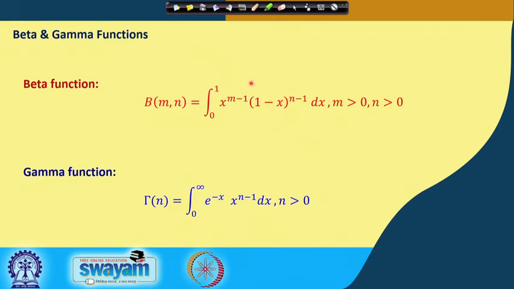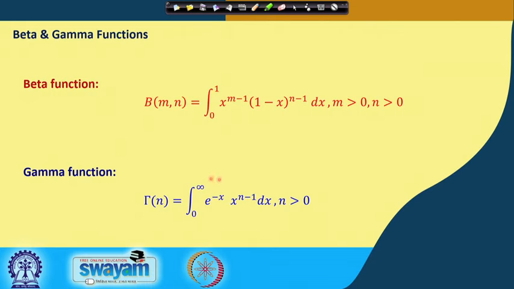In the second case, we have 0 to infinity, so the infinity appears in the limit. This is an improper integral of type 1, as well as it can be an improper integral of type 2, because of x power n minus 1: if n minus 1 is negative, then when x approaches 0, the integrand will become unbounded.